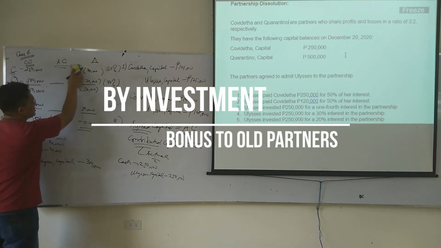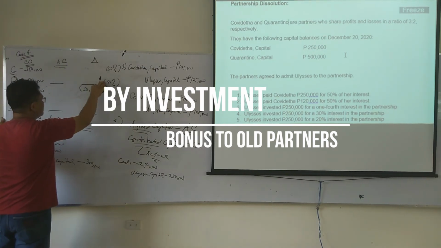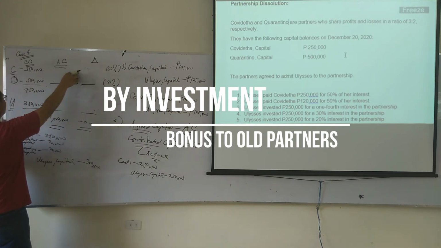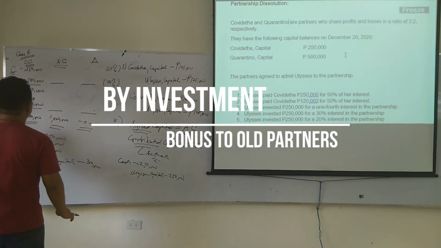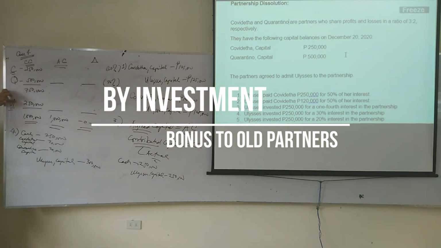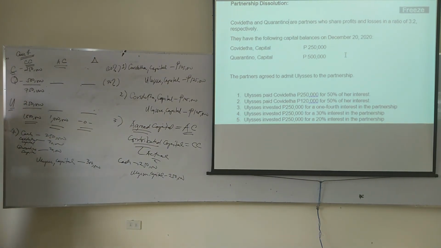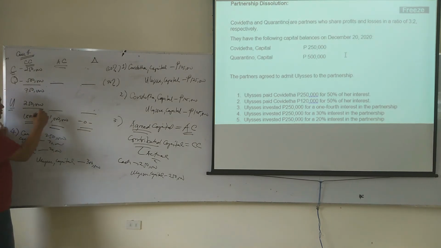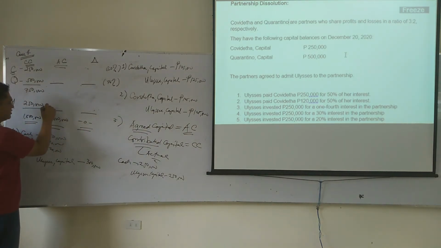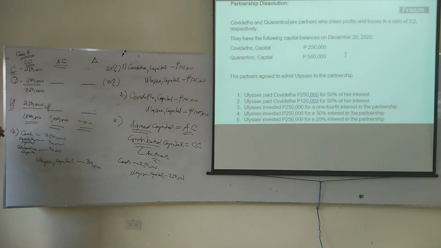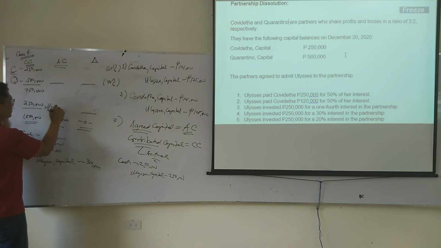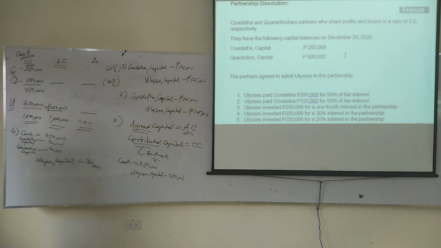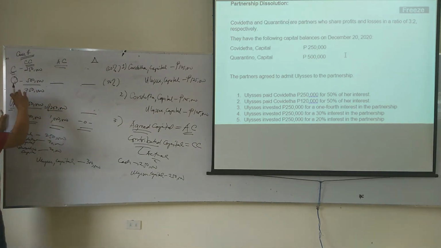Let's clear this portion. Again, for number 5, Ulysses invested 250,000. The old partners invested 750,000. This time, Ulysses will be receiving only 20% of the equity. So that means he will be receiving 200,000 as agreed. So Ulysses invested 250 for a credit of 200,000.